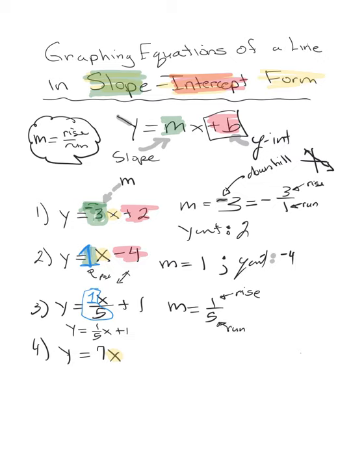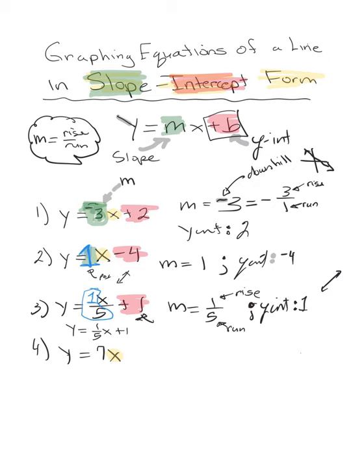It's a positive slope, so our line has to slant uphill. And it's going to hit the y-axis at +1, so the y-intercept is +1.